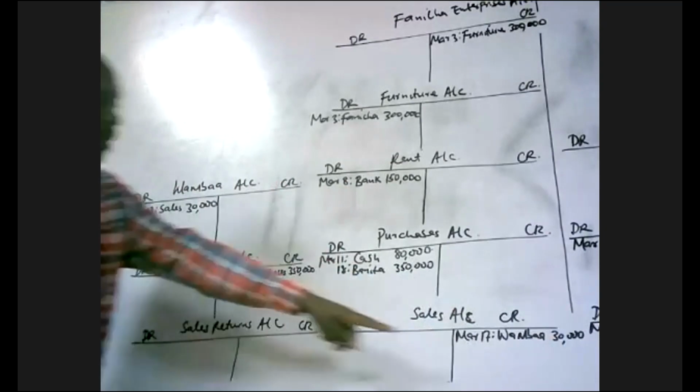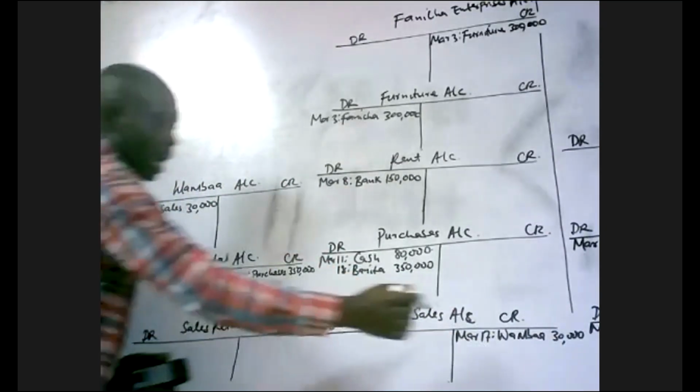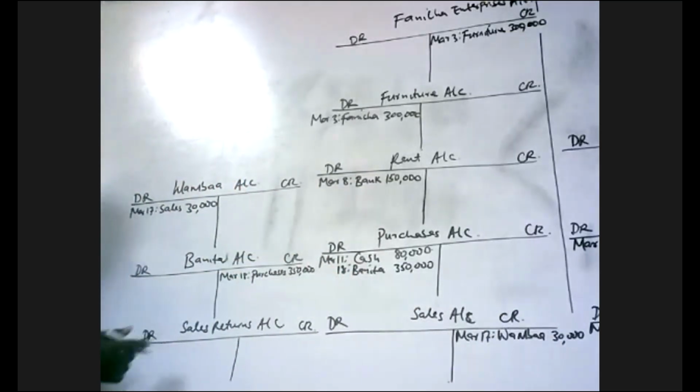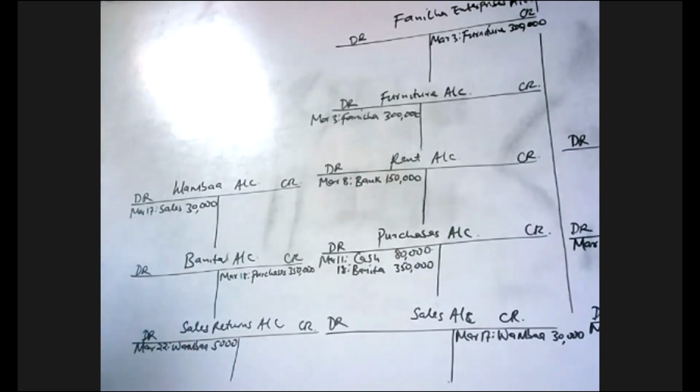But when Wamba returns the goods, we shall debit sales returns. Here in the sales, they are credited, but in the sales returns, we debit them. So we shall come here and record. This is March 22nd. Goods have been returned by Wamba. Like that. So this is a sales return.